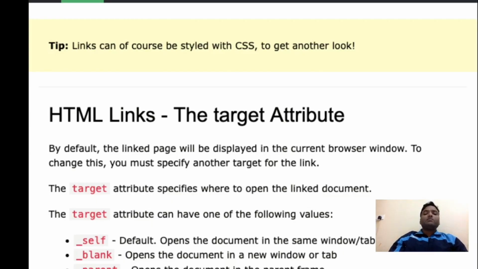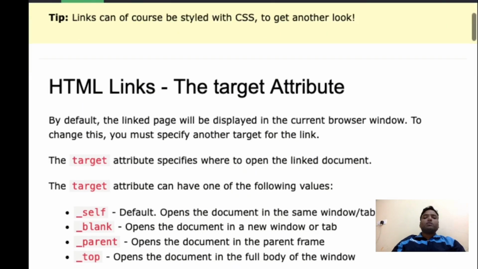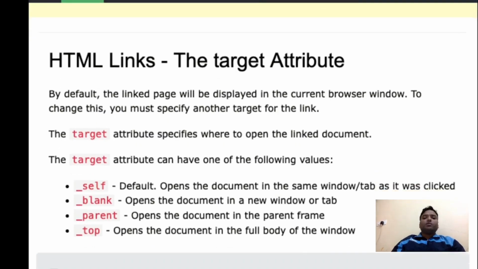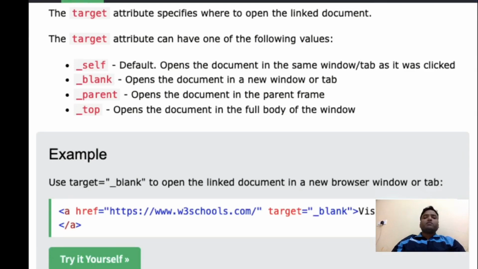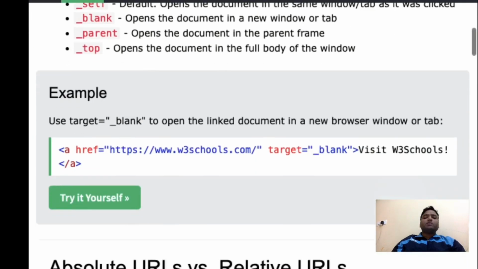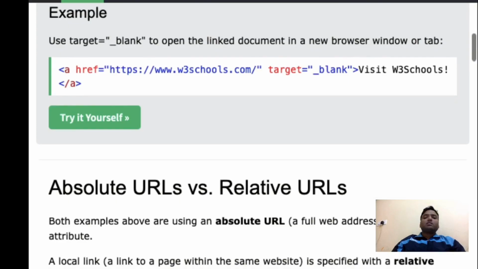The target attribute can have these values: _self means the page will be loaded in the same window or tab. _blank means it will open the document in a new window or new tab. _parent will open the document in the parent frame, and _top means open the document in the full body of the window. So these are various values of the target attribute which you can use for your links.